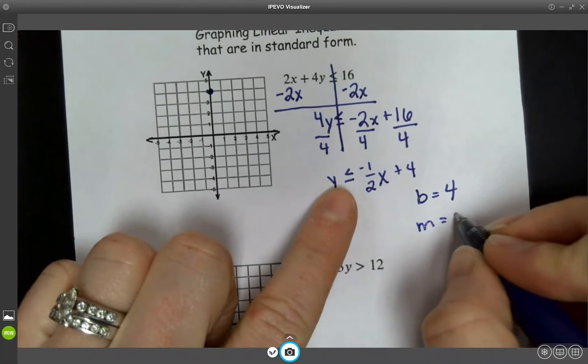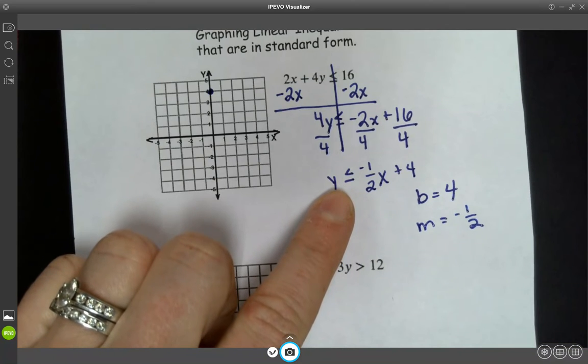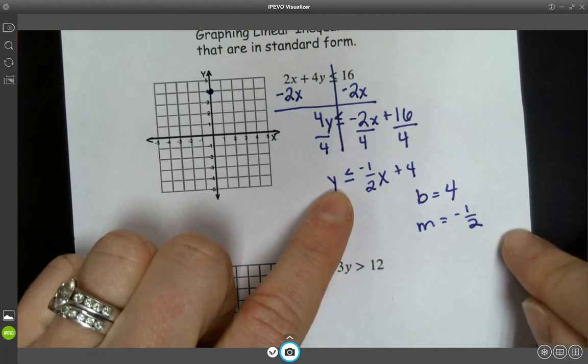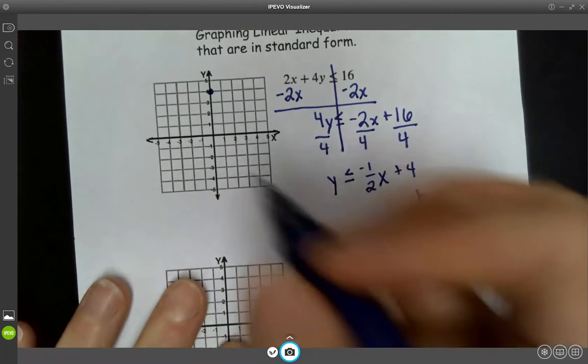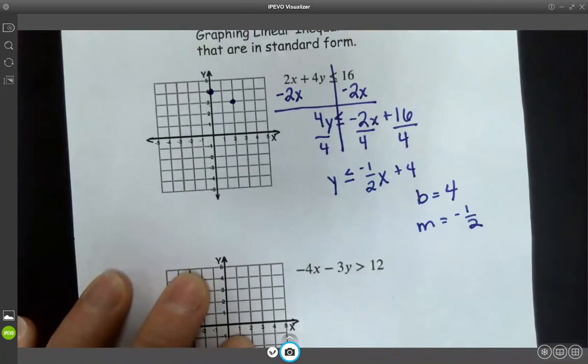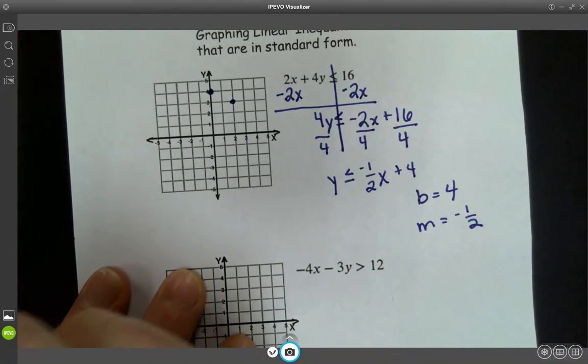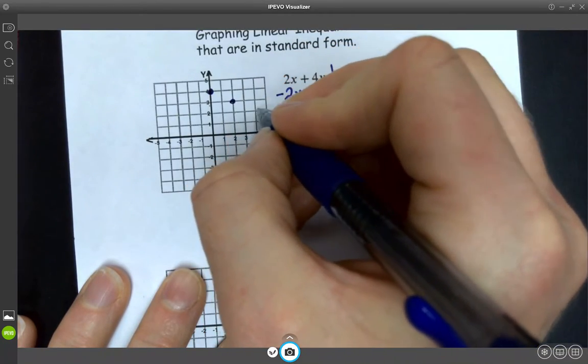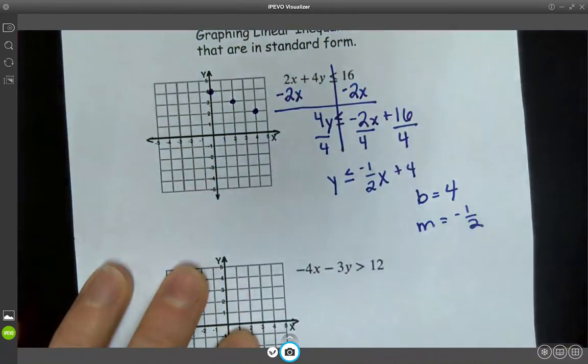Our slope is the negative 1 over 2. So rise negative 1, run 2. So I'm going to go down 1 over 2. Down 1, right 2. When you first start out, you always go right. Down and right for negative. Up and right for positive. Down, right.